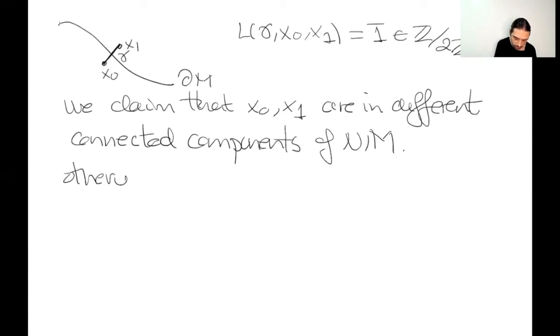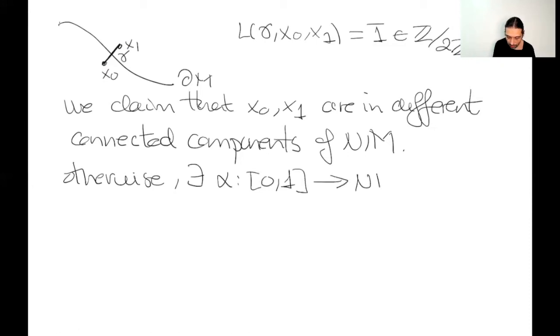Otherwise, there exists a path alpha from [0, 1] to N minus M, such that the initial point is x0 and the final point is x1.